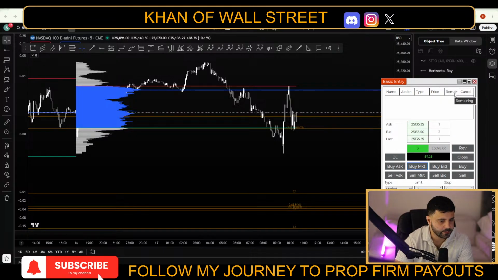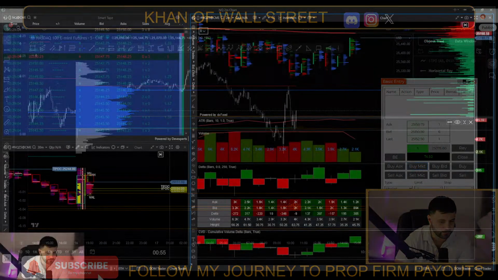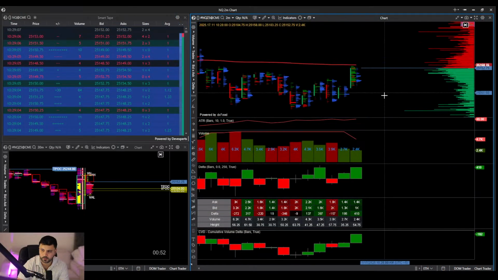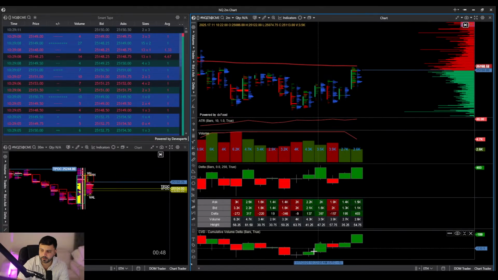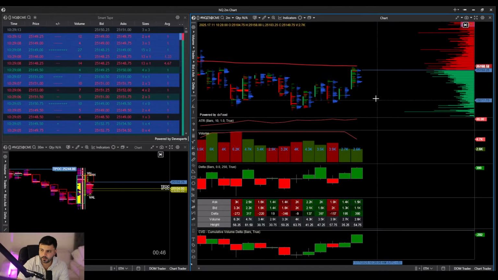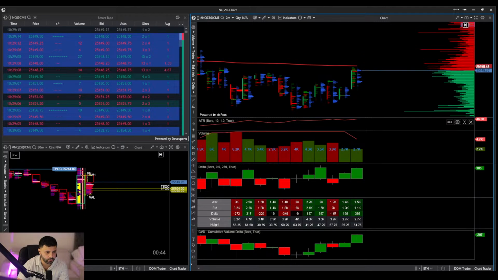Give it to me. Let's go, let's go, let's go. Huge delta coming in. Have a look at this, K-Dog. Look at that delta. Right at the VWAP. Look at that delta, baby. Look at this. Let's go.